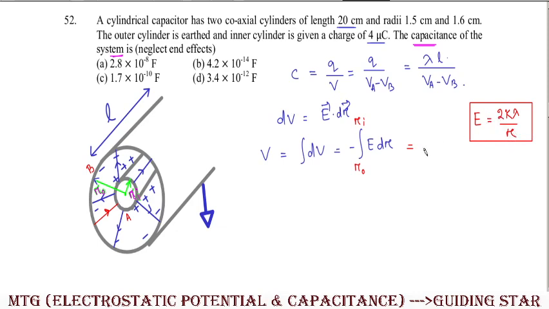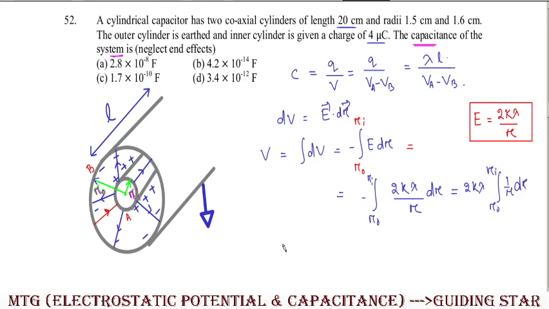So finally if we put this value over here, how much will we get? Integration, negative, from outer radius to inner radius, E is 2k lambda divided by r, dr. Clear? If we take 2k lambda outside, it will be 1 upon r dr, from ro to ri.